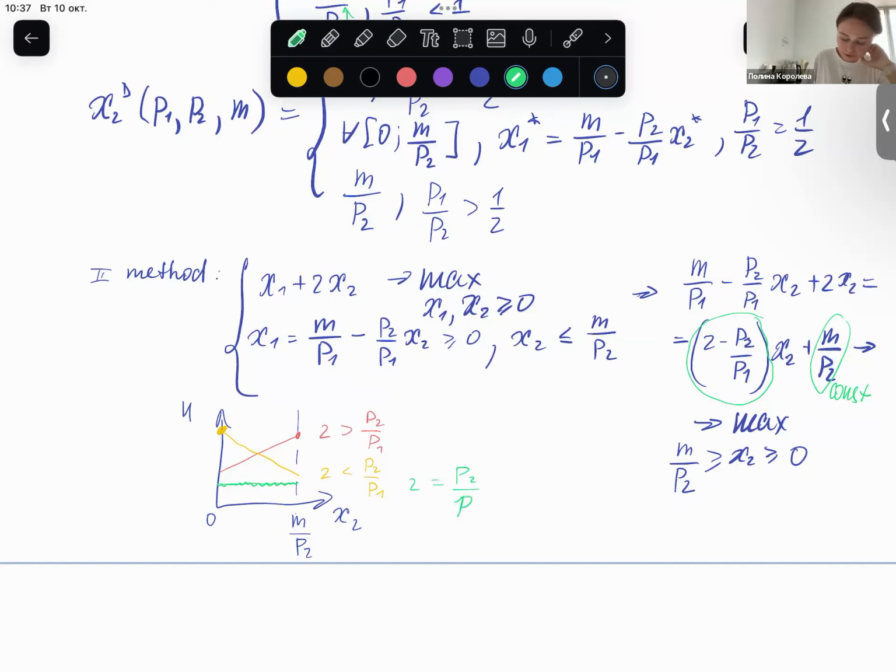So point B, utility equals the minimum from x1 to x2, and the budget constraint, as always. So we write down the program that we should solve. We should maximize it.